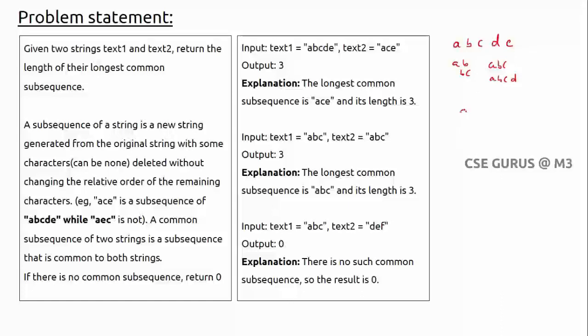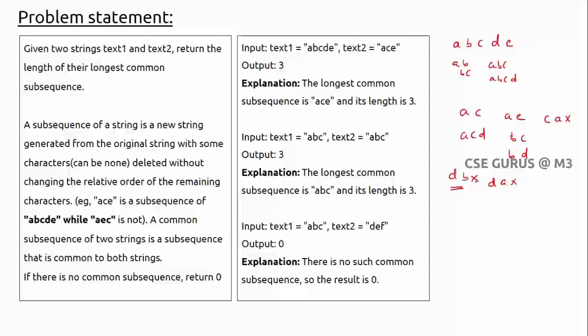Not only that, AC is also a subsequence. ACD is also a subsequence. AE is also a subsequence. BC is also a subsequence. And B and D is also a subsequence. But CA is not a subsequence. DB is not a subsequence. DA is not a subsequence. Hope you did get this one.